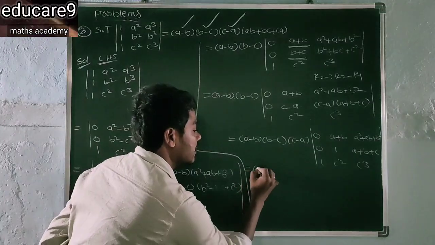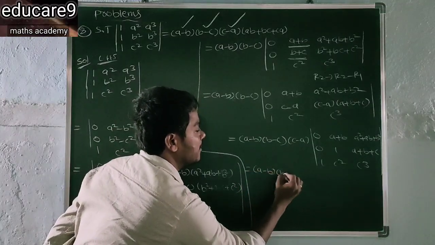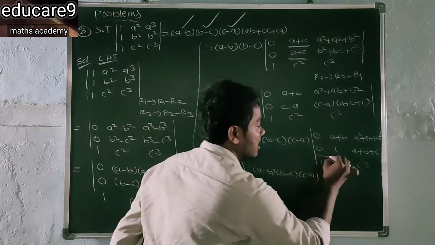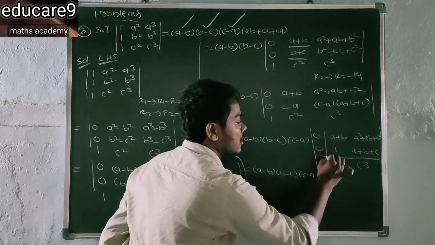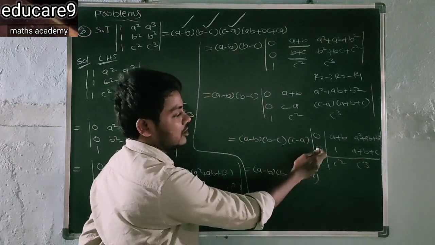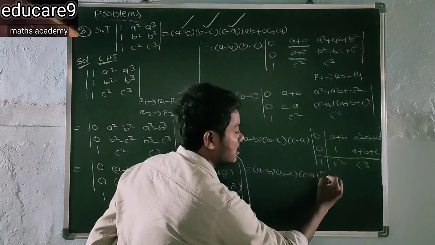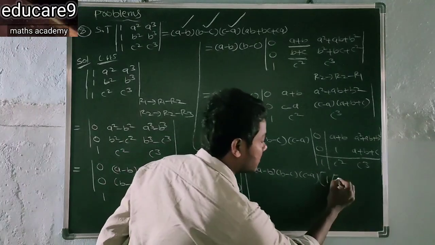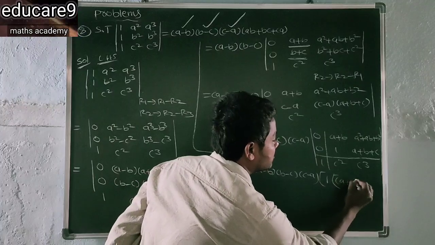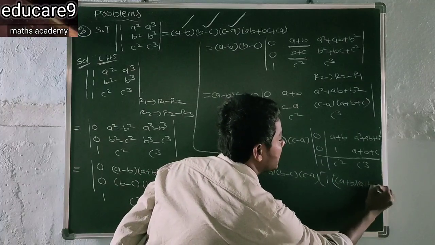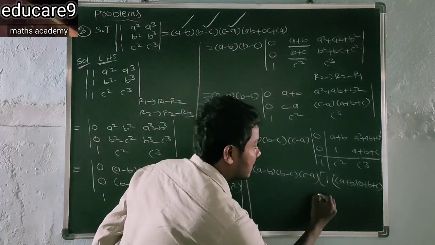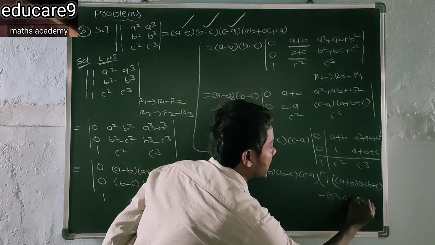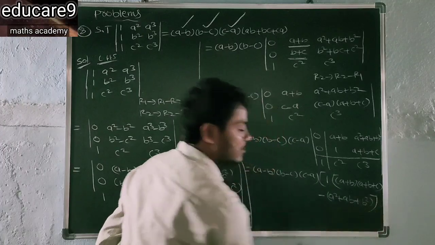That is A minus B, B minus C, C minus A. So taking first column, this is 0, 0. Last one is 1 into A plus B into A plus B plus C, A plus B into A plus B plus C minus A square plus AB plus B square.